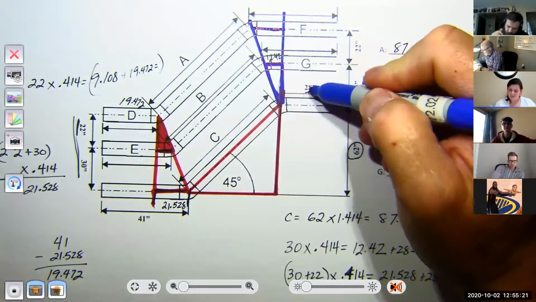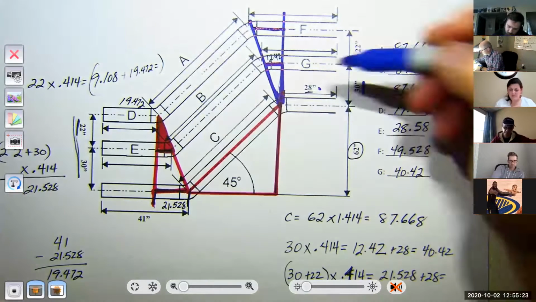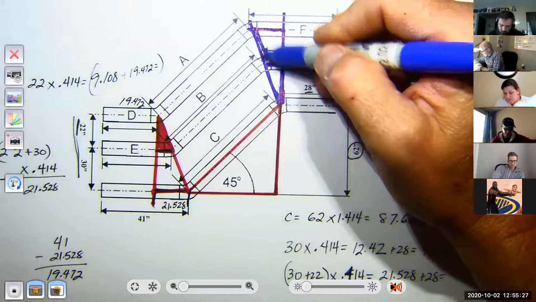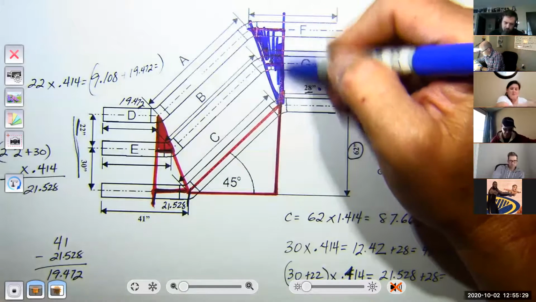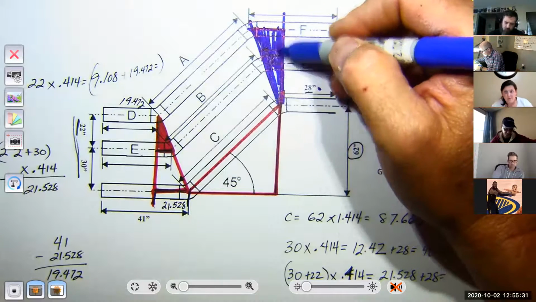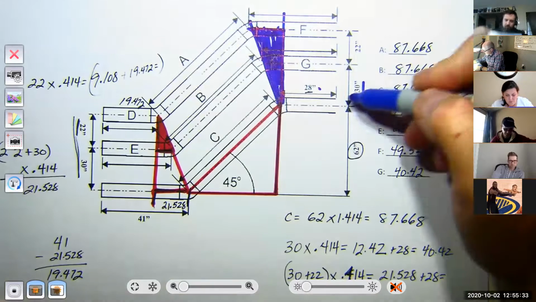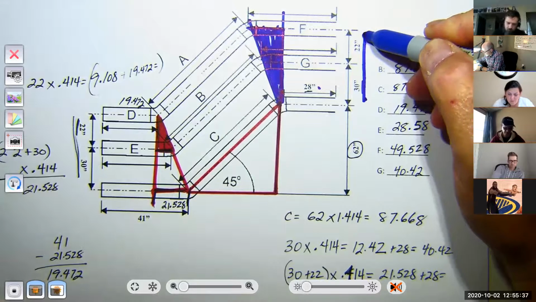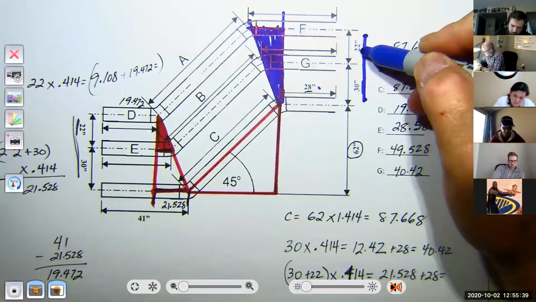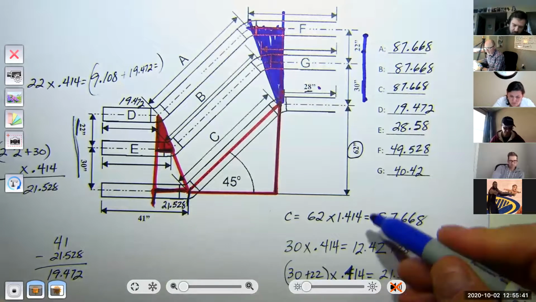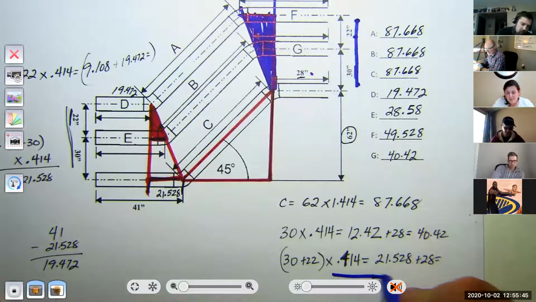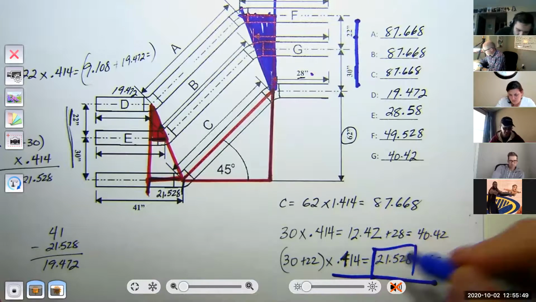You can see we have 28 here, yes? So I did a big 22.5 degree right angle triangle. Here it is. And I took this measurement, 52, 30 plus 22 is 52, and I times that by 0.414 down here at the bottom and got 21.528.